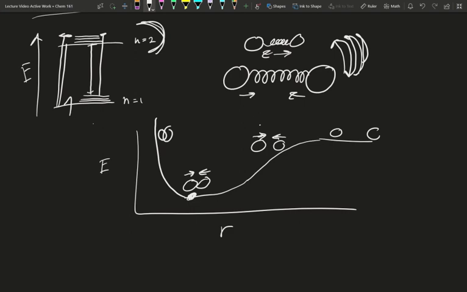They've been moving towards each other. They have a velocity headed towards one another. The net effect is, even if your atoms, as they start getting closer, are following this energy path, they don't dead stop at the bottom. Like a ball rolling down a hill, it's going to roll up the other side, get pushed away, roll back, get pushed away. It's going to go back and forth inside the pit.